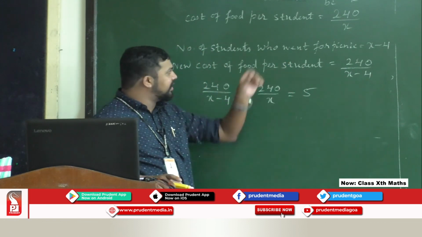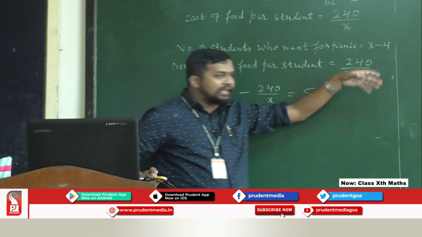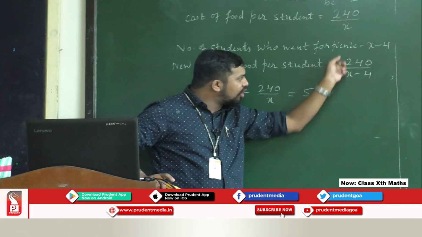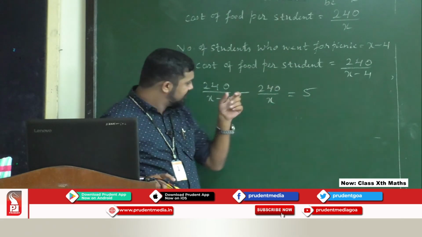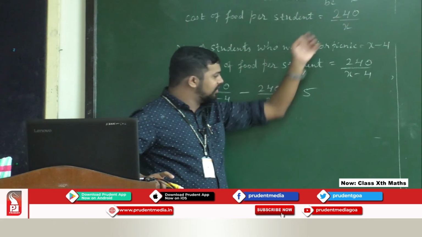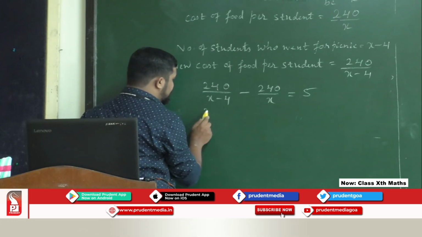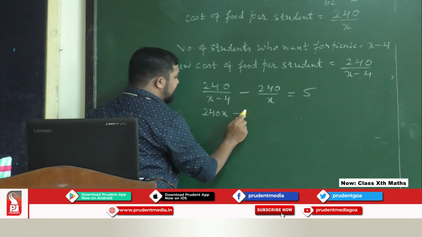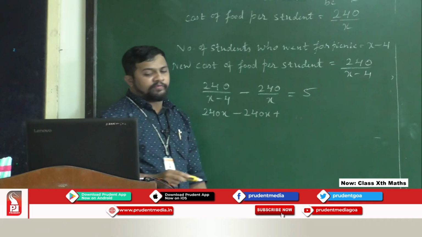Suddenly 4 are not coming, so now going for the picnic are x minus 4, and the cost changes to 240 by x minus 4. Students are decreasing, so cost will increase. Increase means positive, so this is the positive quantity, and the earlier quantity is negative. By how much? By 5. Again do the cross multiplication. So 240x minus 240x, minus into minus plus 240 into 4.